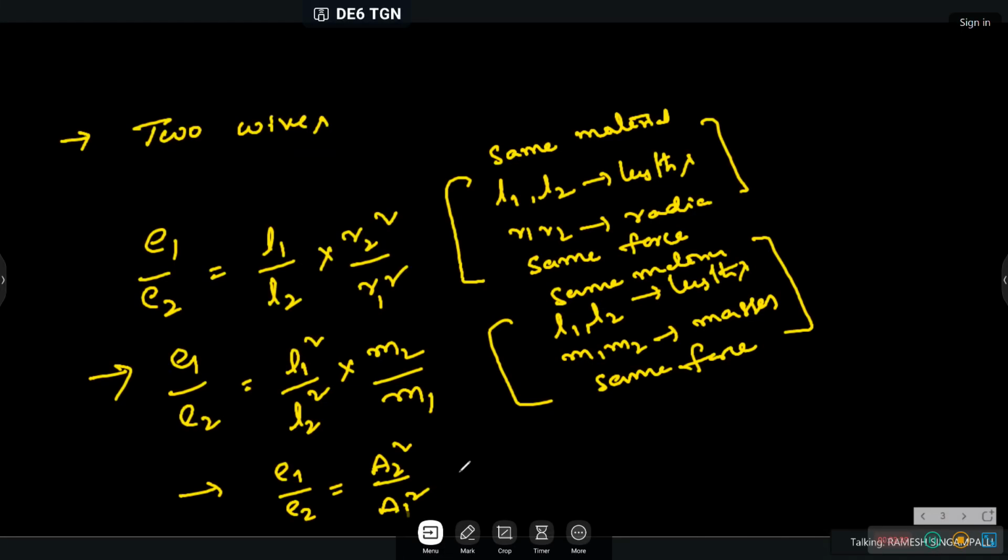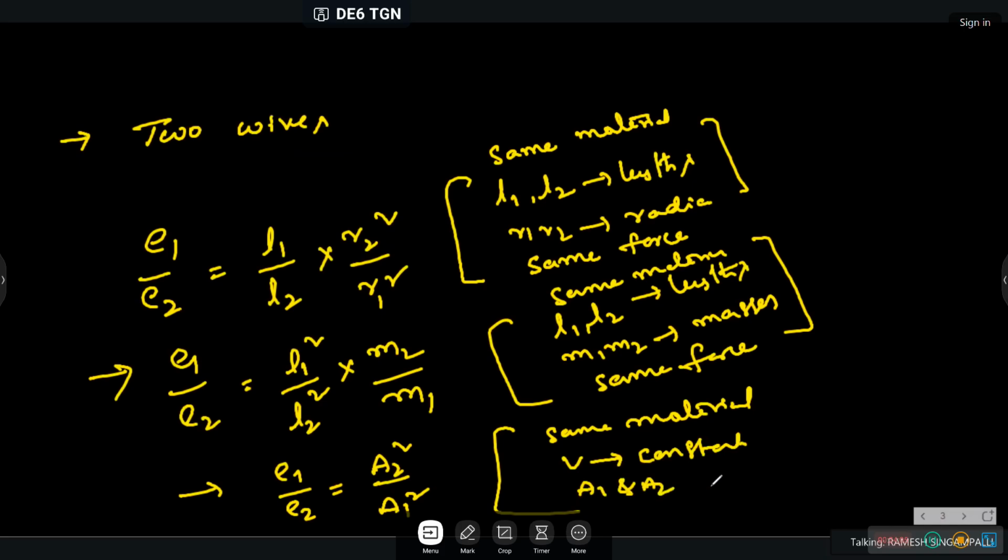Then the ratio of their elongations E1 by E2 is equal to A2 square by A1 square. Same material, volume constant. A1 and A2 are what? Areas of cross section.